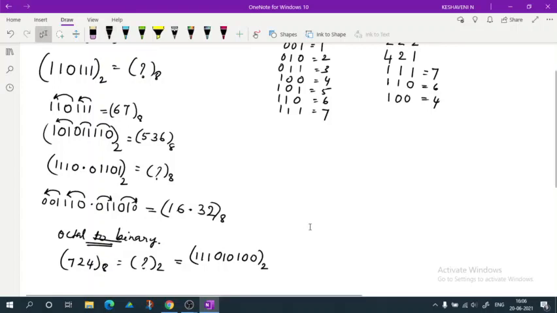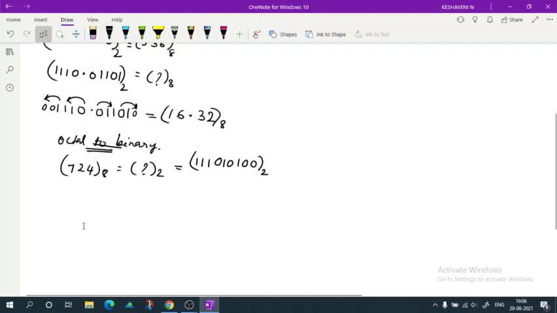Next consider another example. I'll write here 365.217 in octal.